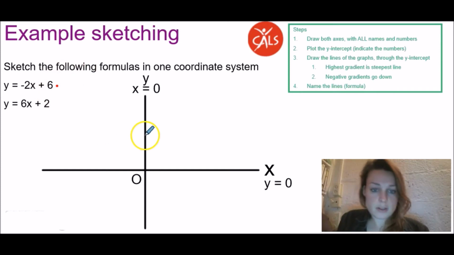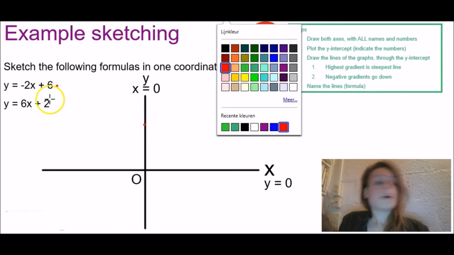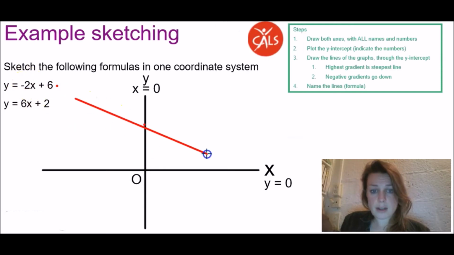So we're going to plot our y-intercept right about here. And now we're going to draw a line, in red, of course. And we know the gradient is minus 2. That means it's a negative gradient, so the graph will go down. Minus 2 is not a very steep line, so I will make it a little bit like this.